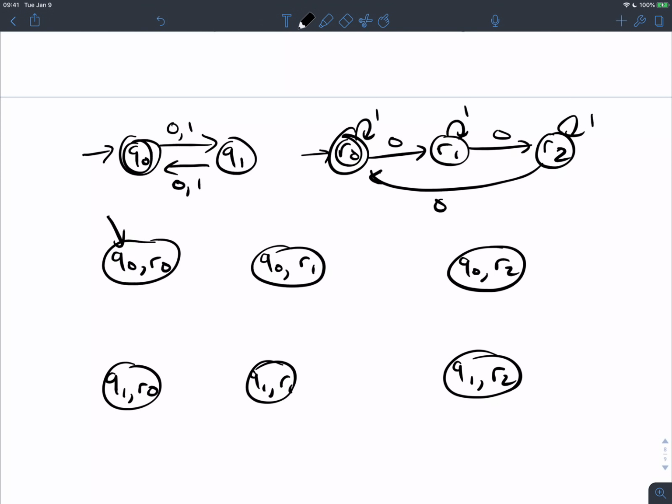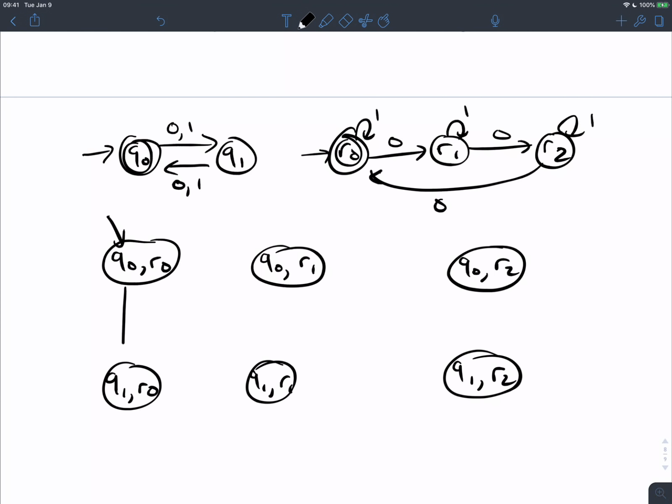Look at the 1 transitions. What about the 1 transitions on the first machine? It just goes back and forth, right? Because that's what it always does. What about the second machine? It stays in the same state. The reason I put this in this grid pattern is that the 1s will transition between the 0 row for Qs and the 1 row, and they'll stay in the same column.